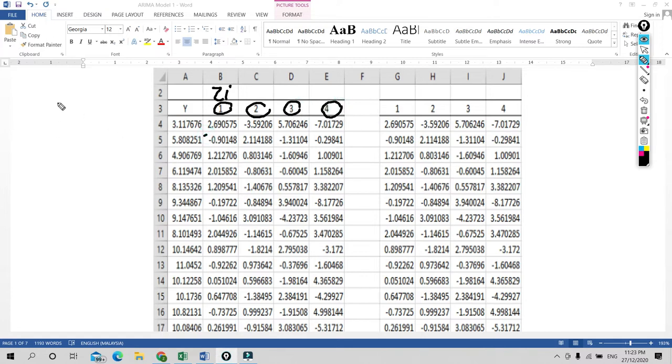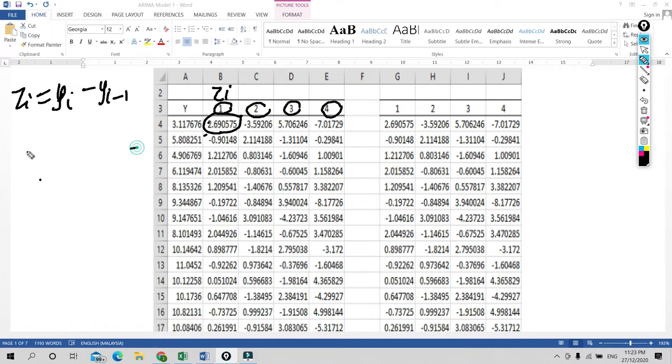The first differencing formula is Z sub i is equal to Y current minus Y previous.